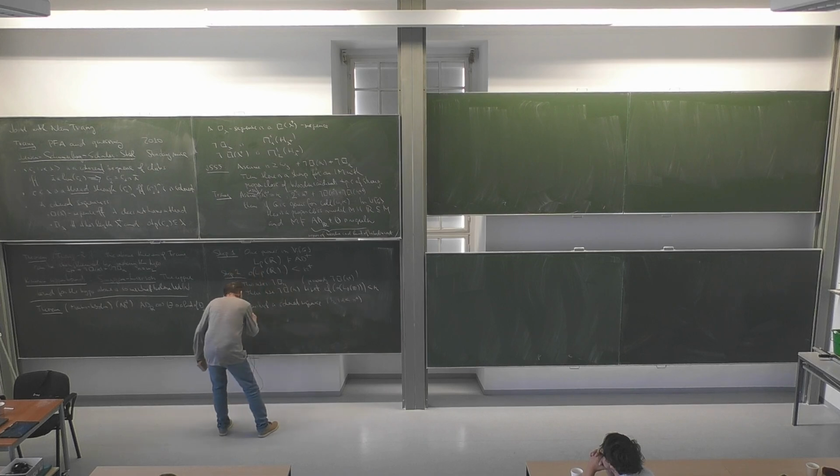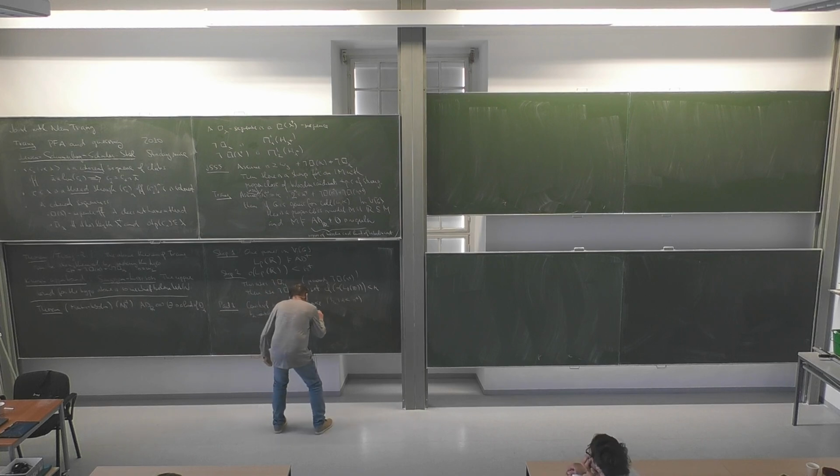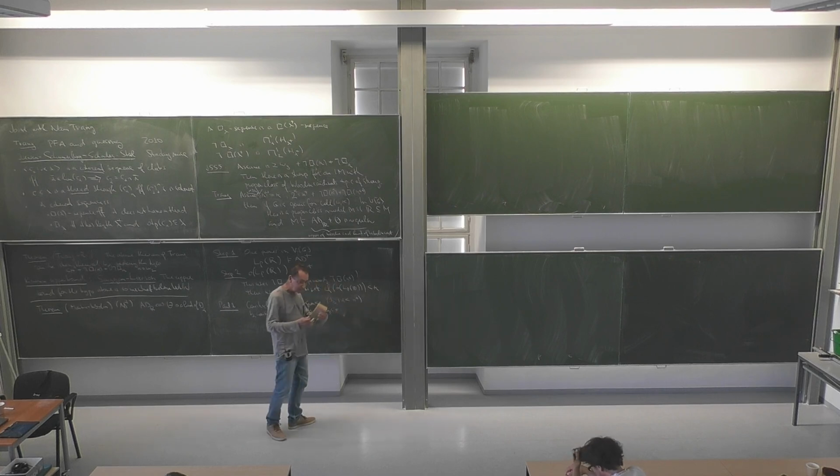B alpha consists of critical points of maps. So you look at collapse. You look at levels which project to reals.